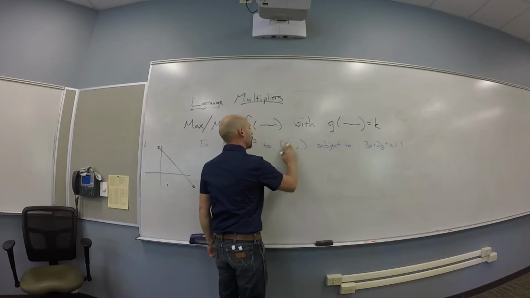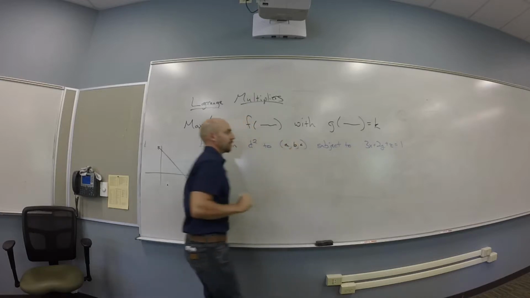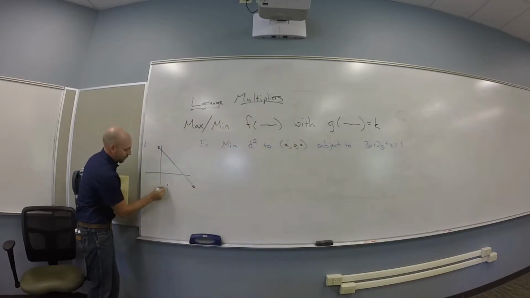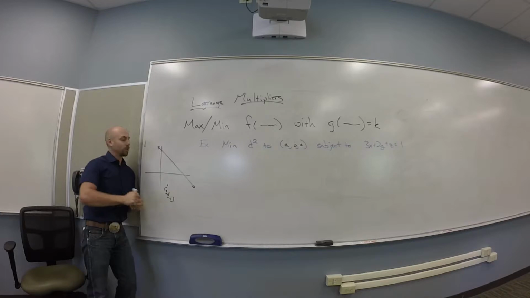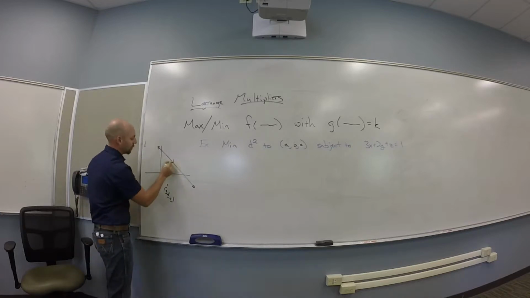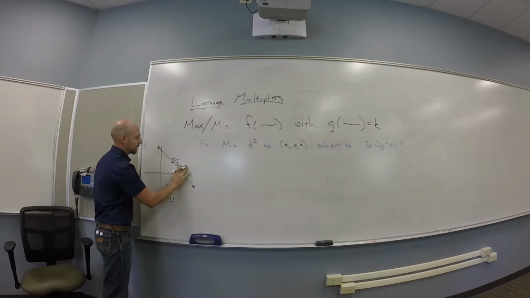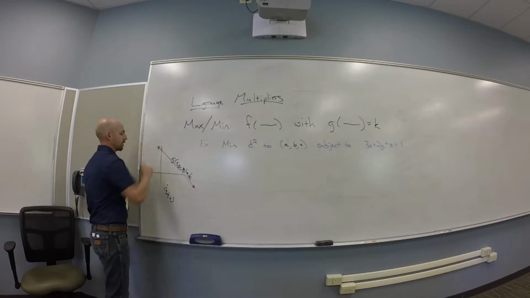I'm just going to go A, B, C here, right? So this is the one I told you guys would be just a little bit harder than that thing we just looked at. So here's my constraint. That's kind of my g of maybe x and y and z in this case equals some constant k.